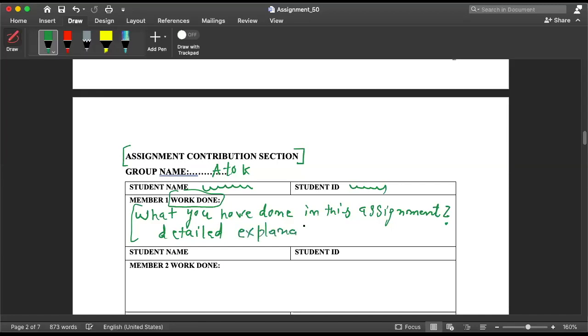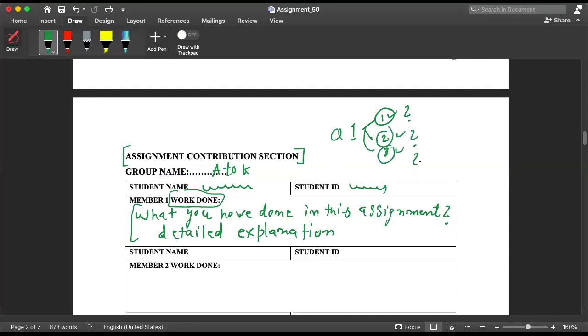Why? Because sometimes, for example, in question 1, 2 or 3 students are doing question 1, all right? So if you are just writing question 1, question 1, I may not understand what each student has done in question 1.